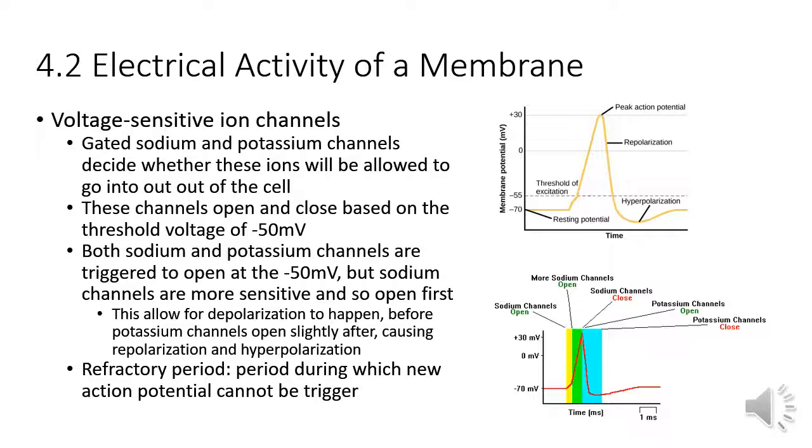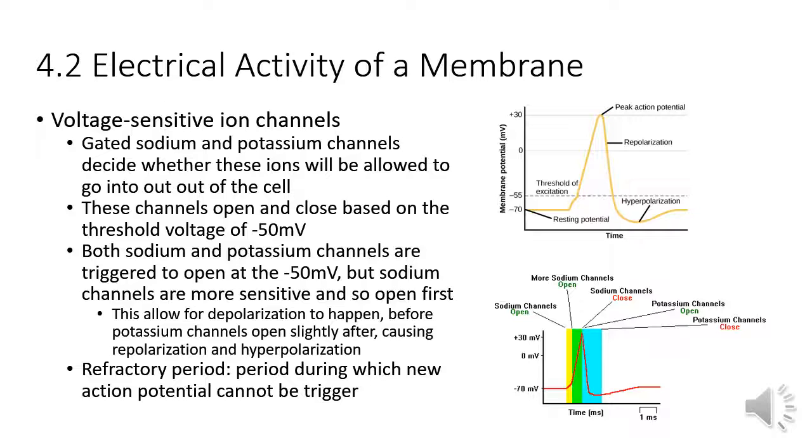Sometimes it's a little bit different in different types of neurons, but at negative 50 millivolts on average in human neurons, this threshold of excitation is reached, and that's the point at which an action potential will start. During that, both the sodium and potassium channels are triggered to open, but sodium channels are a little bit more sensitive, so they open first, and that allows the quick influx of sodium and allows the membrane potential to become very positive, up to positive 30.